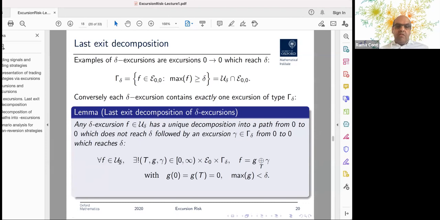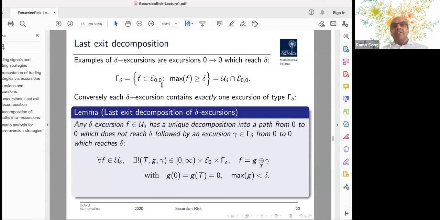For any delta excursion, you can write it as a concatenation of two objects at some intermediate time t. The first object goes from 0 to 0, and it never reaches delta. The second object, which comes afterwards, this object called gamma, is of type gamma delta.